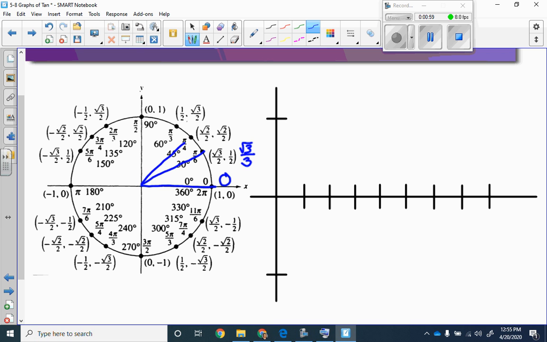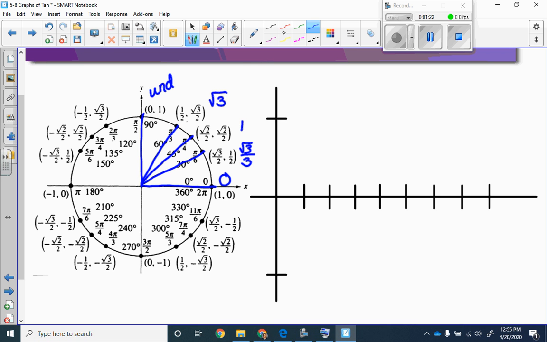Tangent at pi over 4 is going to be 1, and the tangent at pi over 3 would be the square root of 3. Bringing us up to the tangent of pi over 2, which is 1 over 0, and there it's going to be undefined, since your change in x is 0, and we can't divide by 0.